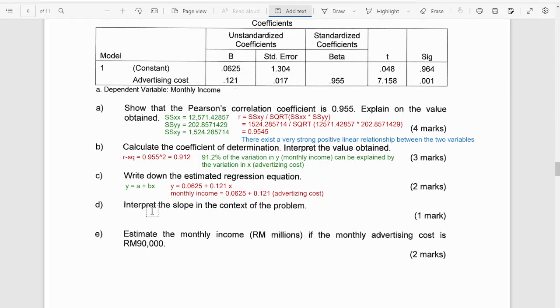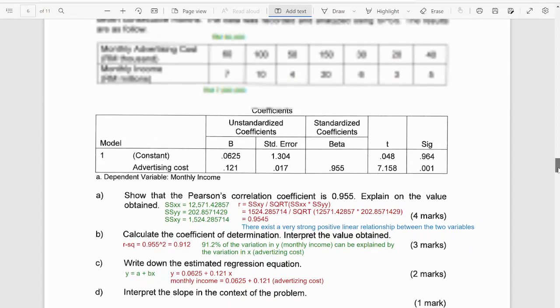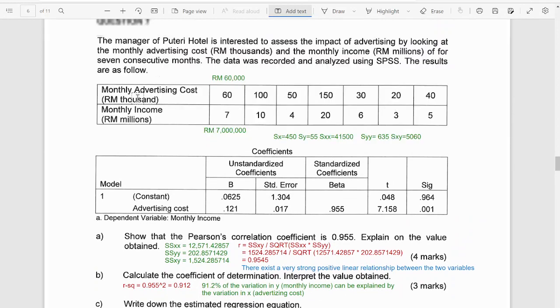Here it says interpret the slope in the context of the problem. So that means you have to go back to the data, the nature of the data. In this case, the context of the problem is in terms of monthly advertising cost in thousand and monthly income in millions.